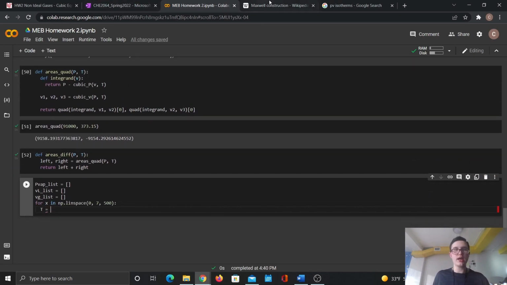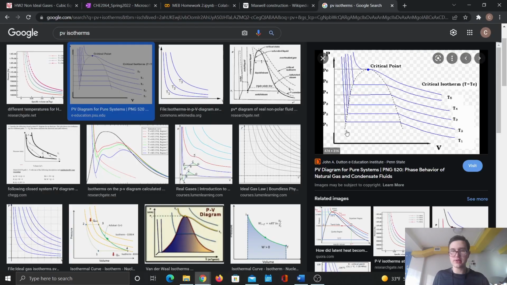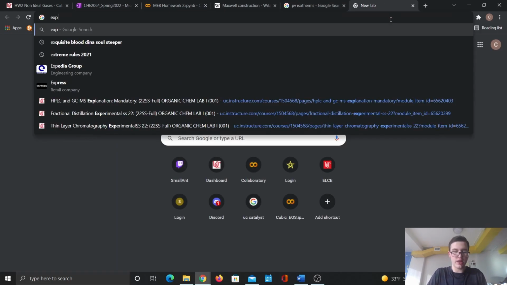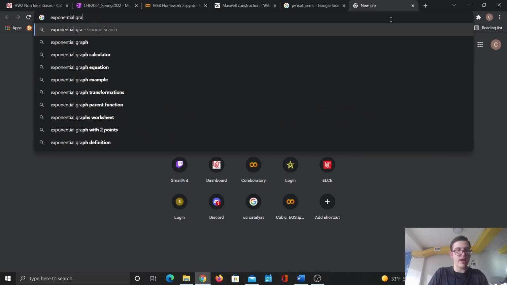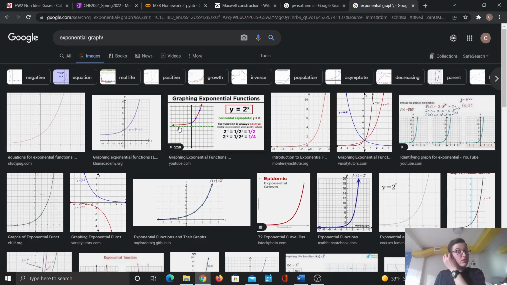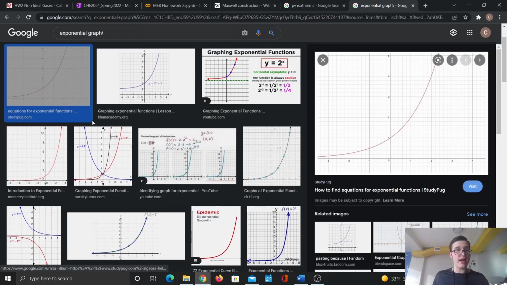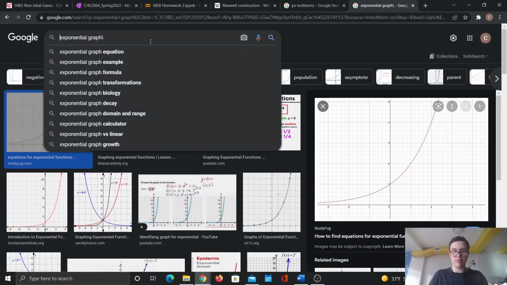Now if you look at this, it looks suspiciously like a very, very steep exponential graph. So let's call it an exponential graph. So an exponential graph curves up at an exponential rate, as you can see. Now, what happens if I put a negative exponential graph?